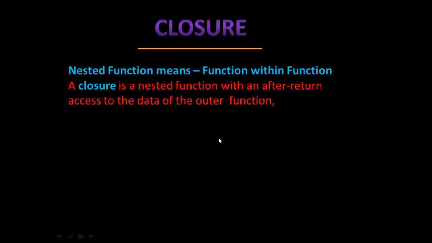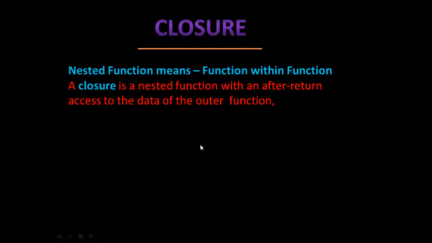Let us suppose we have a function under a function. When the inner function returns something, the outer function will get that returned value, and then it will return that inner function. That means the returned value is the one returned by the inner function. Let me show you with an example.